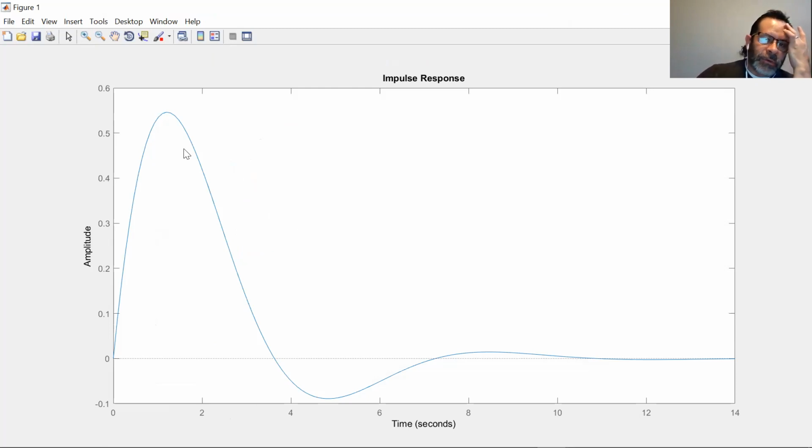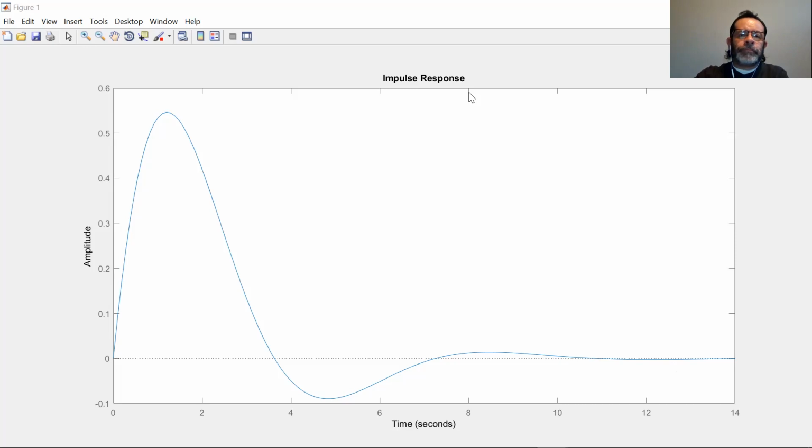We get the response of the system. So what do we notice here in this response? When we pull the string, the mass is going to jump forward to a certain maximum value, then it's going to go down, and then eventually it's going to stop the oscillation.